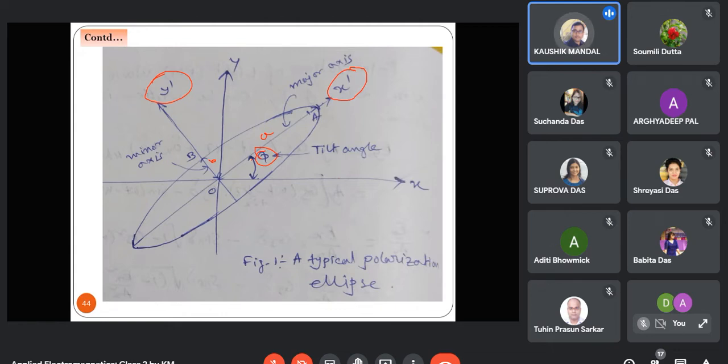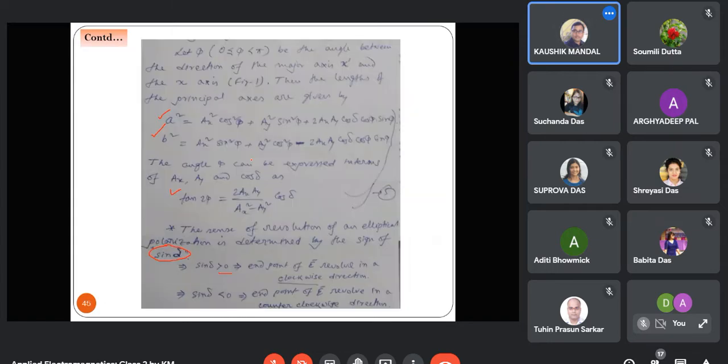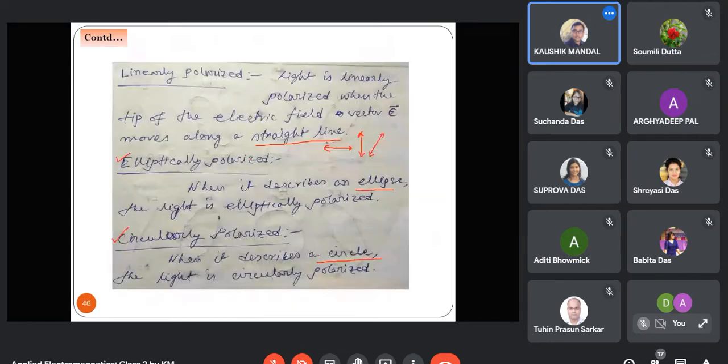So what should be the shape of this particular ellipse? In case of circular polarization, it will be a circle. So now we have discussed linearly polarized, elliptically polarized, and circularly polarized. Next, depending on the sense of rotation, in case of circularly polarized, we know that there are two senses of circular polarization. One is right-handed, another is left-handed.